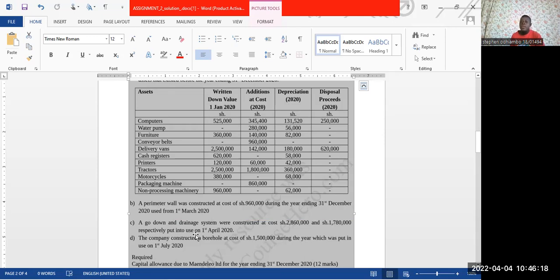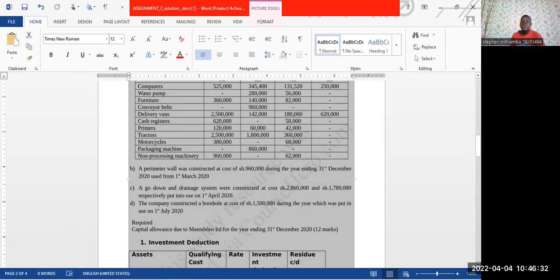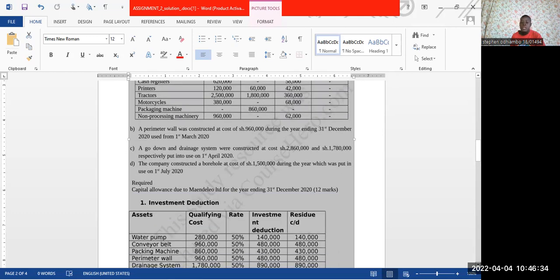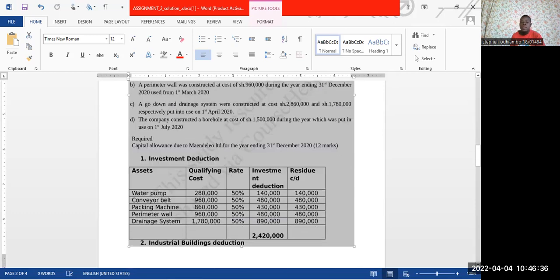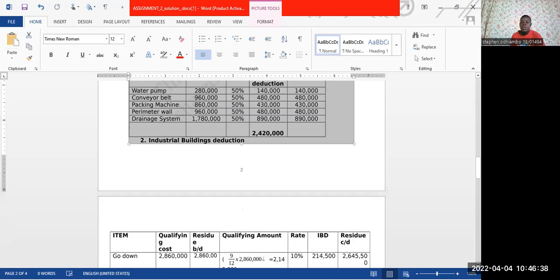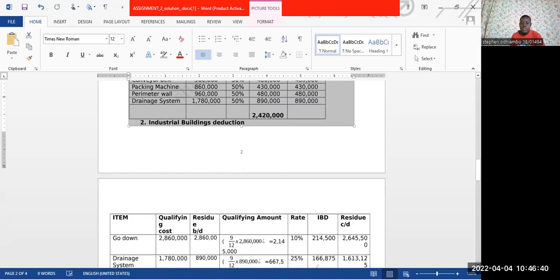If you start counting from 1st July, you will find that you have 6 months, and that is why in our solution we are going to take 6 as the qualifying amount.